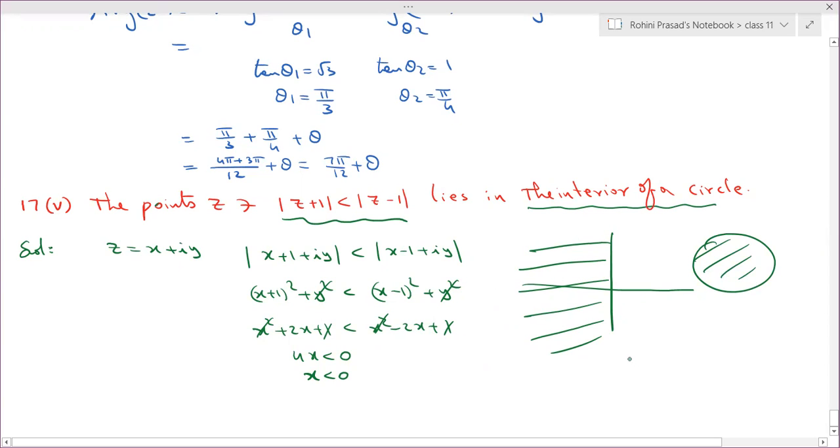That means you should get something like x minus 2 the whole square plus y minus 5 the whole square is less than or equal to 7 square, or something like that. Some circle equation you should get, with less than or equal to. Then that represents the interior of the circle. This may not be 2, 5; some of them can be zeros also. Any circle, but if it represents the interior, then this statement will be true. But we got this representing a half plane, so it is a false statement.